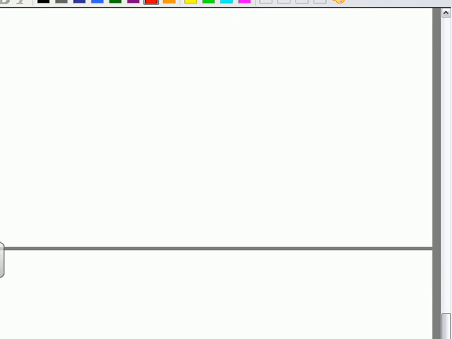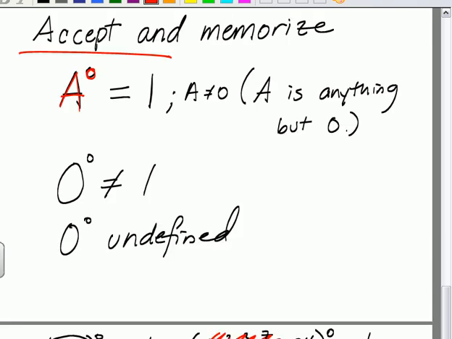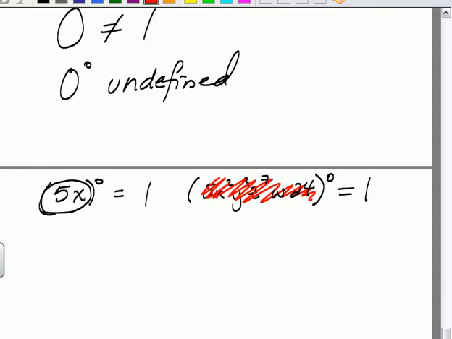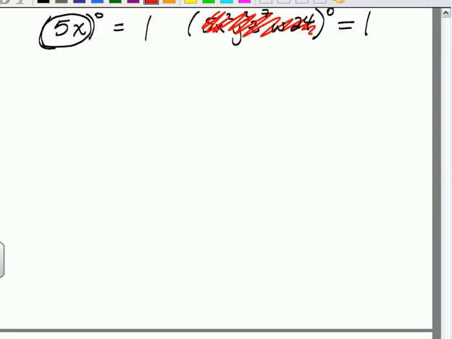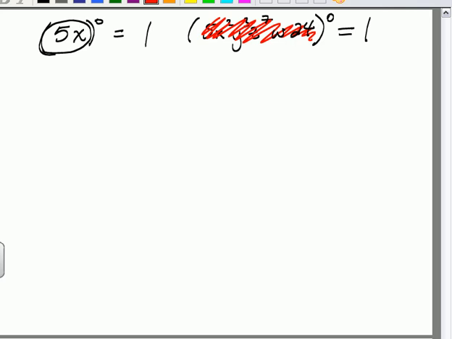Okay, now this is where we've got to be careful. So we saw that 5x quantity to the 0 equals 1. What is 5x to the 0 equal to? Students see that 0 as an exponent.